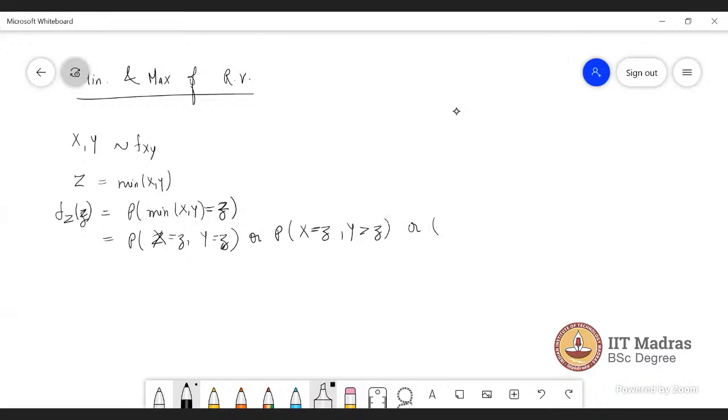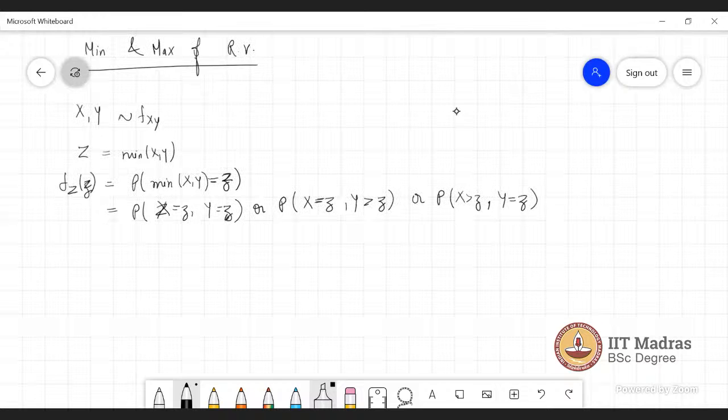Or one more case is possible: y is equal to z and x is greater than z. So you fix your y to be equal to z, that is the minimum, and in that case x should be greater than z. These 3 cases are possible, and in order to calculate the probability, you can add them up. So this will be a summation.